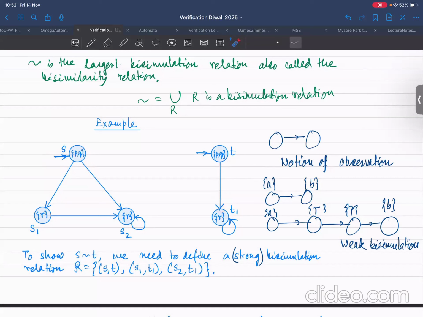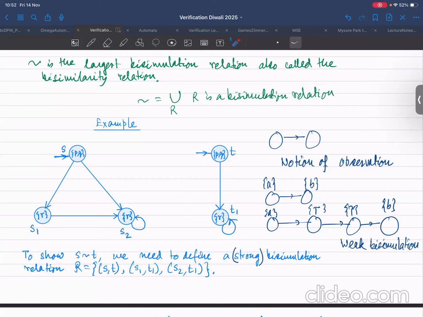So if I choose S1, from the other side this is the only possibility, so S1 and T1 have to match. But had there been more successors, some match would have to be figured out. That's why it is a game.